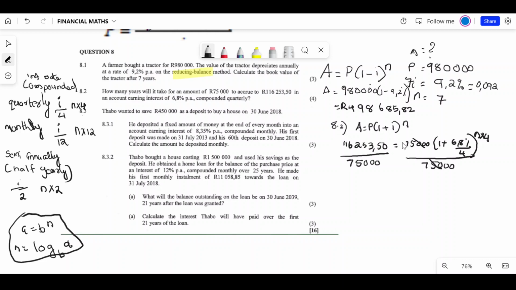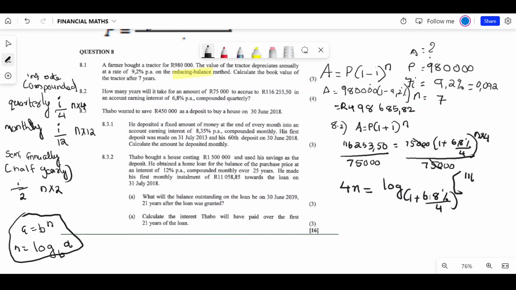Okay, so that's what we have. So here what you have is not n, it's 4n equal to log. The base here is 1 plus 6.8% divided by 4. That is the base only. In the place of a you have all that fraction.